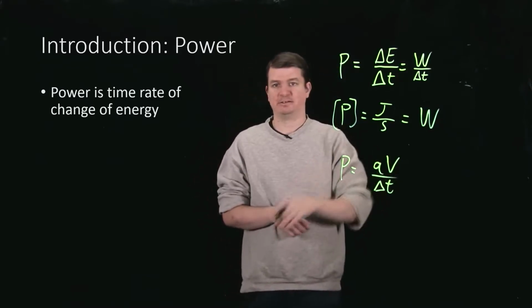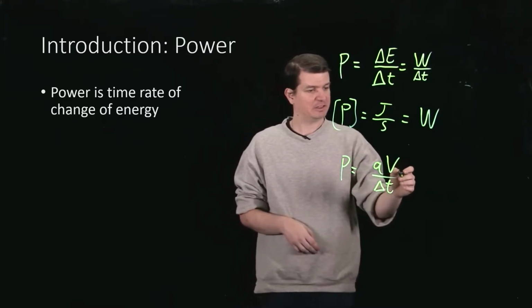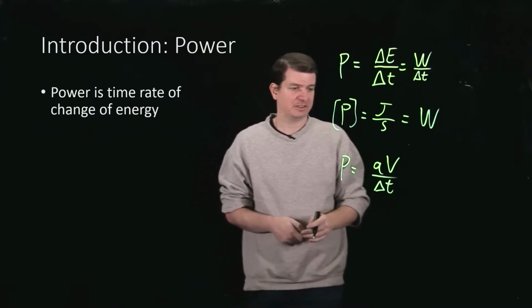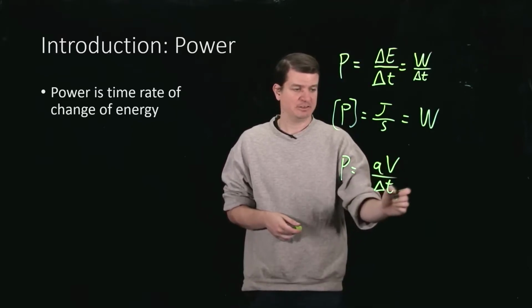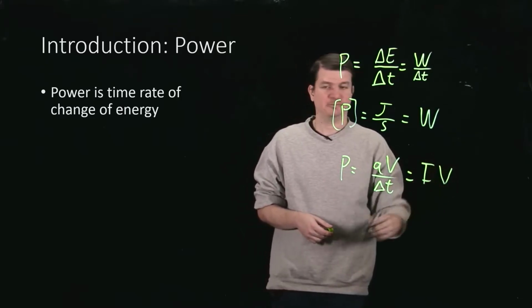This is the rate at which we are changing its energy, and so that's the power associated with moving that charge across. But what is a current? A current is a charge per unit time. So this thing here is exactly the current, so we could write that as I times V.